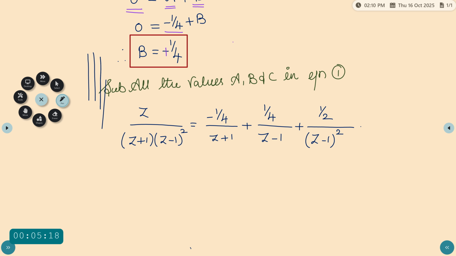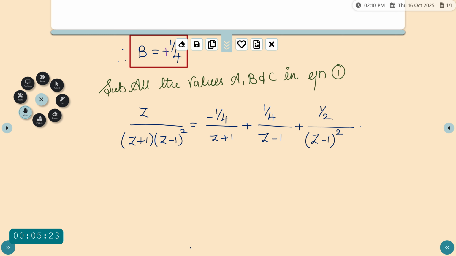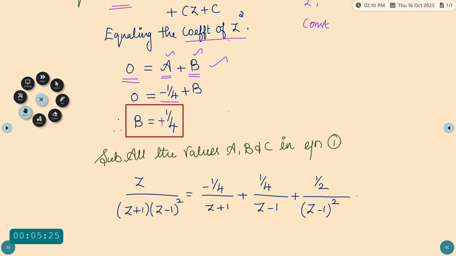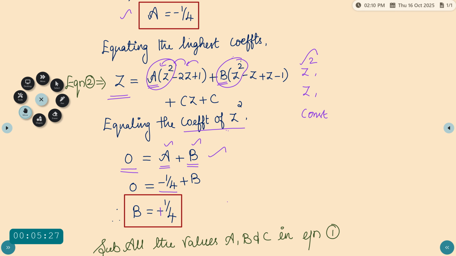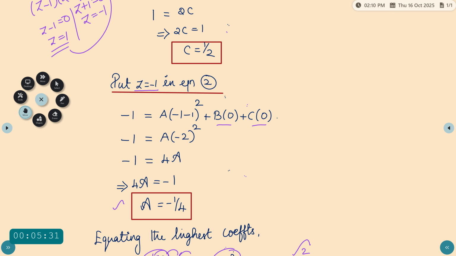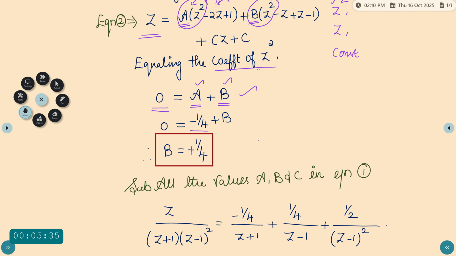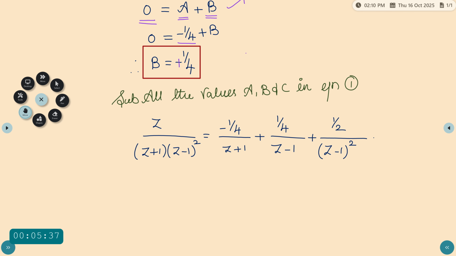These are all the values for a, b and then c. Once again we'll check: a is minus 1 by 4, and then c is 1 by 2, and then b is plus 1 by 4. Okay.